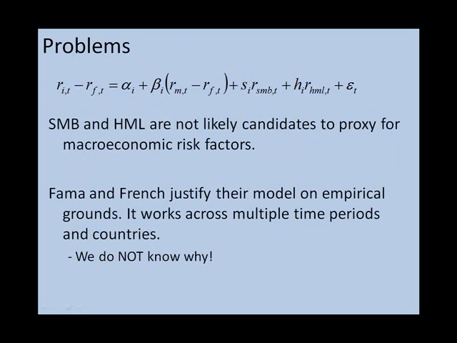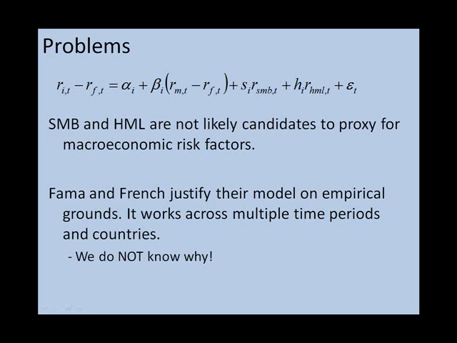There are some problems, though, with adding extra factors to our asset pricing model. What do these factors proxy for? If these are unobservable risk factors, what are the unobservable risks? Are they macroeconomic risk factors? There's no evidence at the moment to suggest that SMB or HML are linked to macroeconomic risk factors.